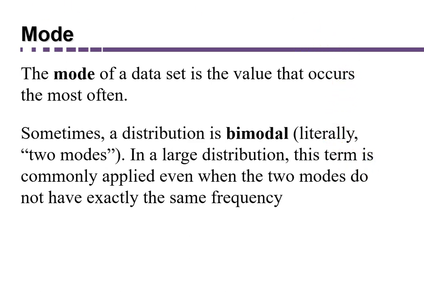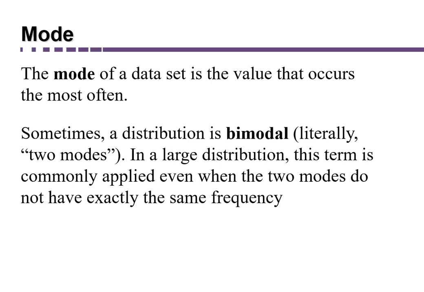Now, the last one is the mode. The mode of a data set is the value that occurs the most often. If something jumps out at you, that's the number that's used most. Sometimes there may be 2 big numbers.